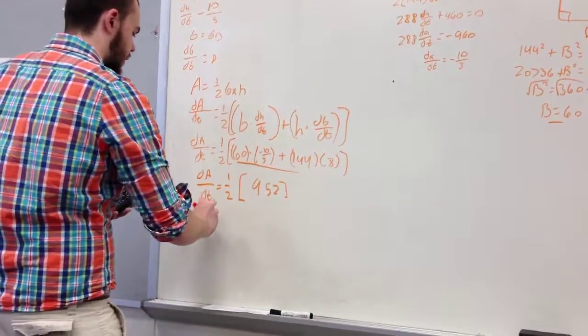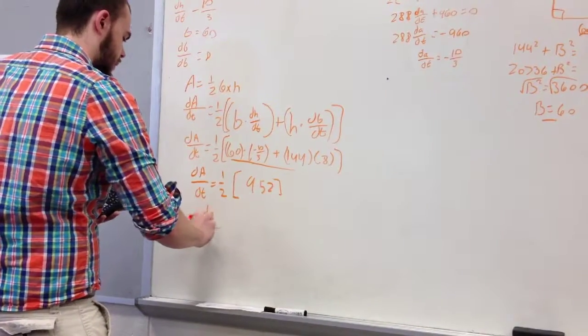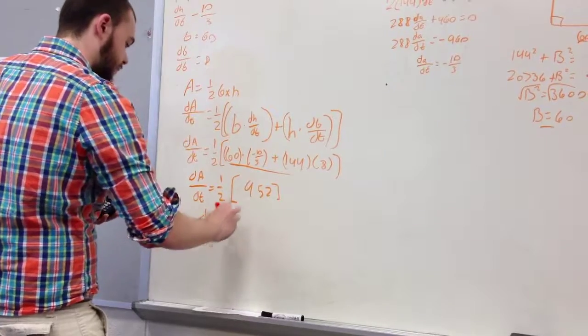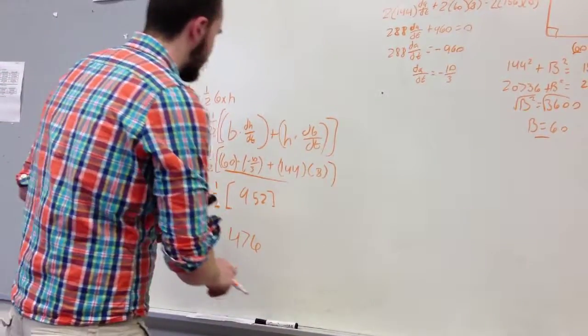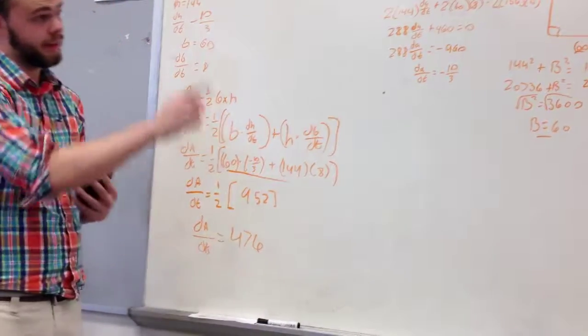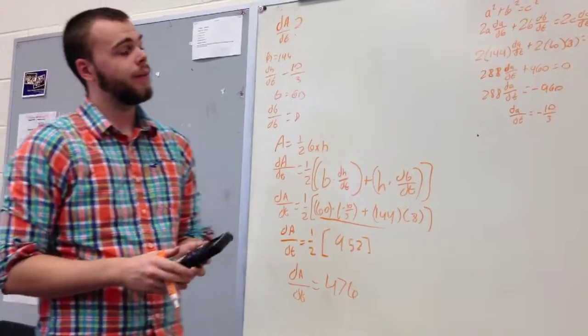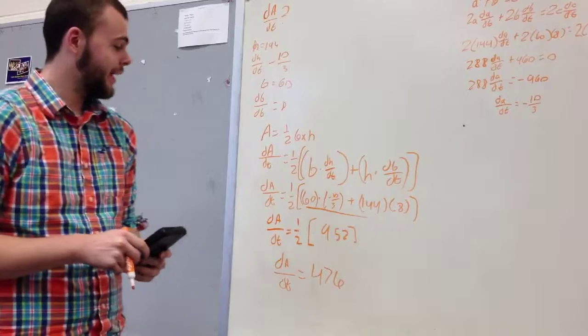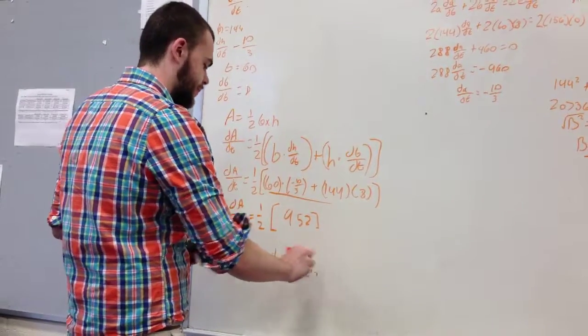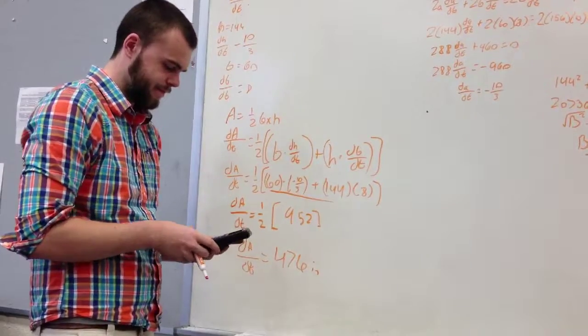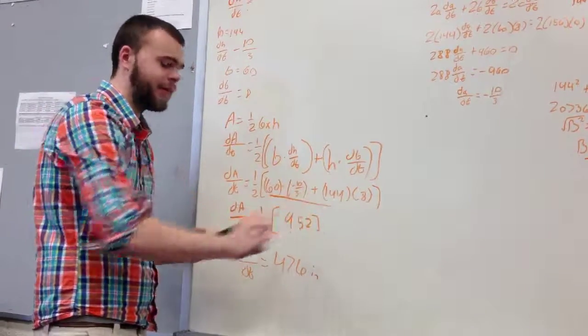That gives 476. What we can conclude from this is that the area of the triangle, when the ladder is 12 feet above the ground, is gaining 476 square inches, or about 39.6 square feet.